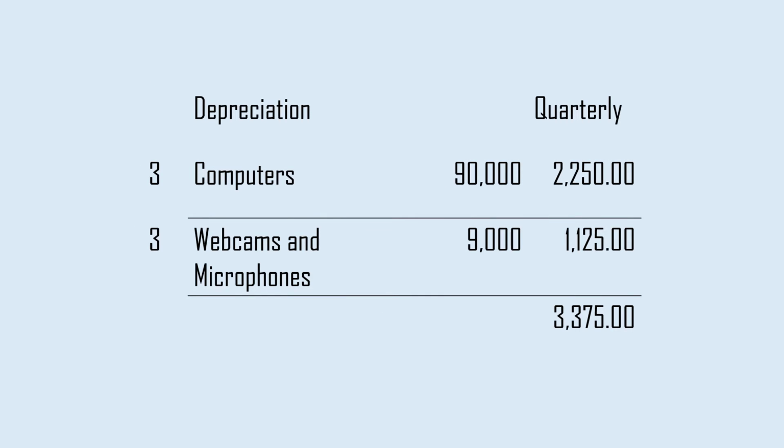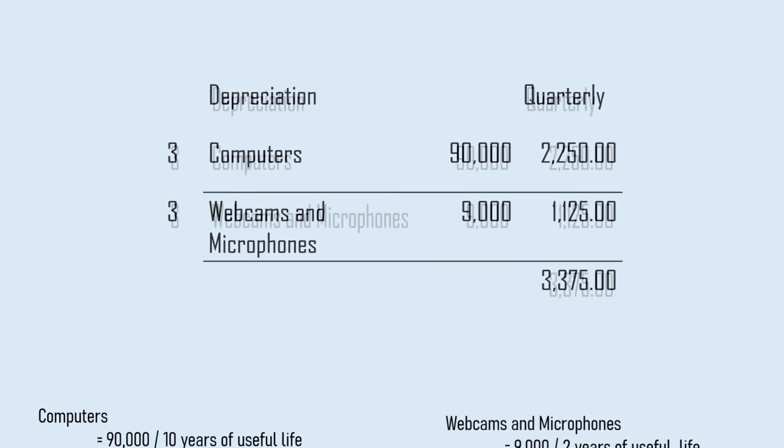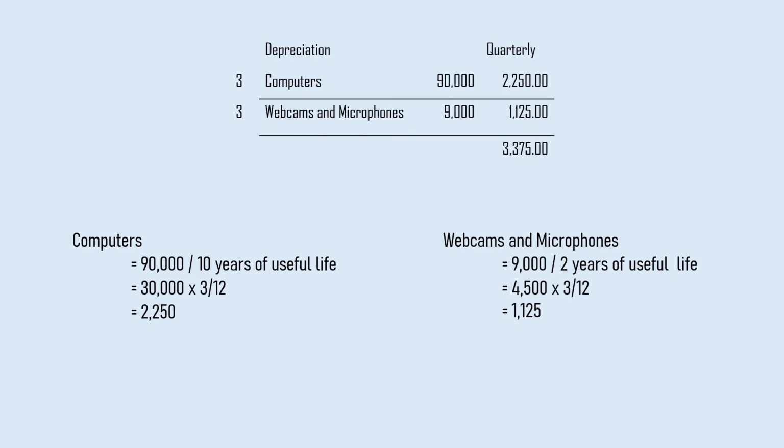For depreciation, we have a total of 3,375 for the whole quarter. For our 3 consultants, we will be affording them 1 computer, 1 webcam and microphone each, which have a cost of 90,000 and 9,000 respectively. The total cost of 90,000 for 1 unit of computer is depreciated over the useful life of 10 years. We compute the quarterly amount by multiplying it by 3, then dividing by 12, to which we derive 2,250.